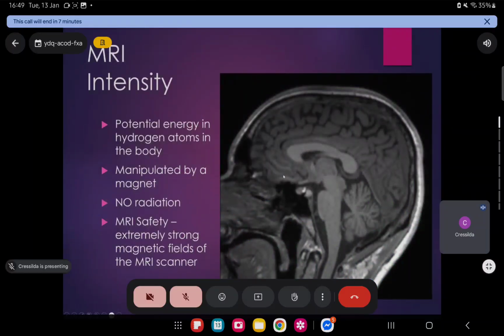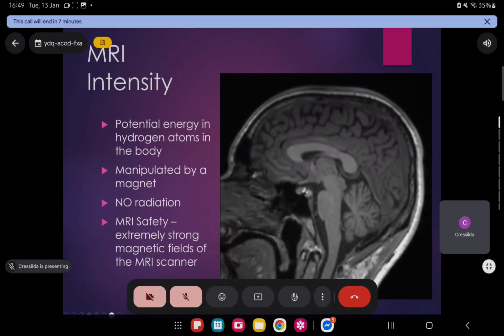So MRI, when we describe it, we call it intensity. It's widely used for neuro, soft tissue, especially the muscle, the tendons, and the ligaments, as well as advanced imaging such as tractography and CSF flow studies. I'll just touch this a little bit when we go on to talk about the neuro.